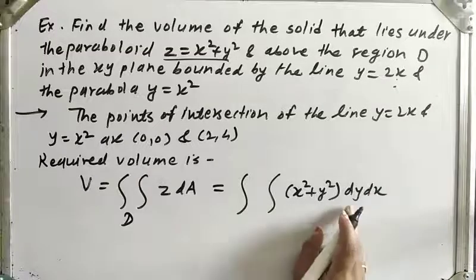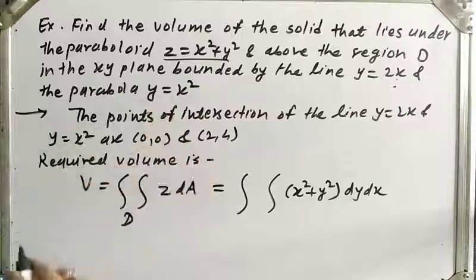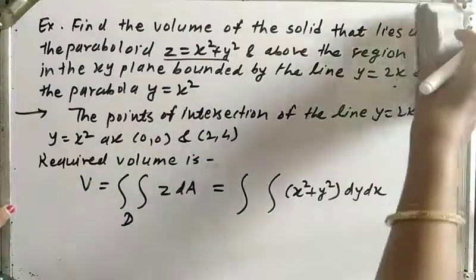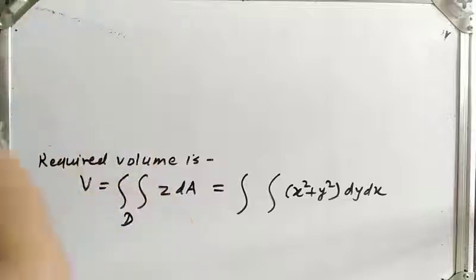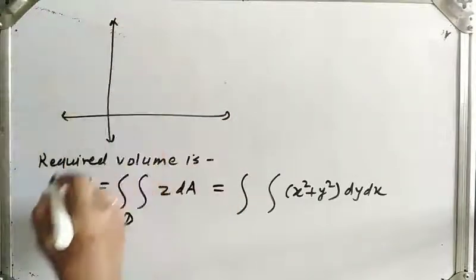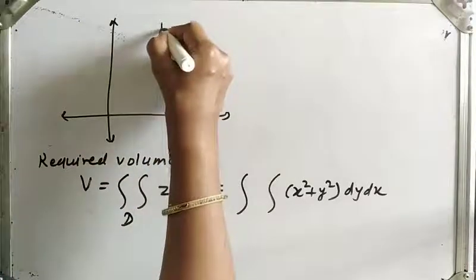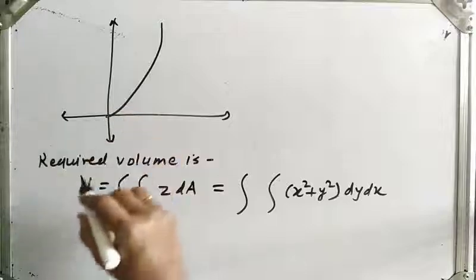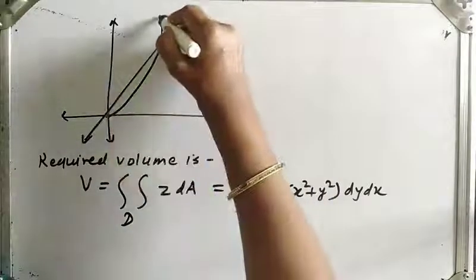For that we need a graph here. Graph of y is equal to 2x and y is equal to x square. Now y is equal to x square is this curve, and y is equal to 2x is a straight line.